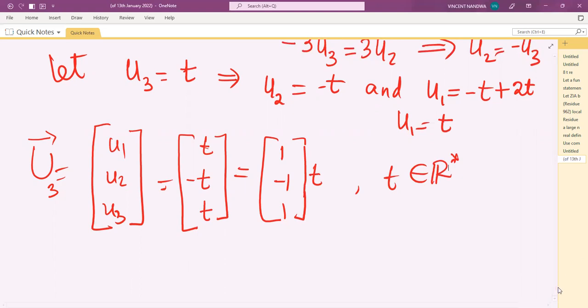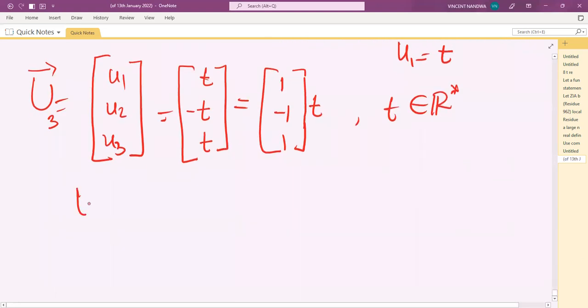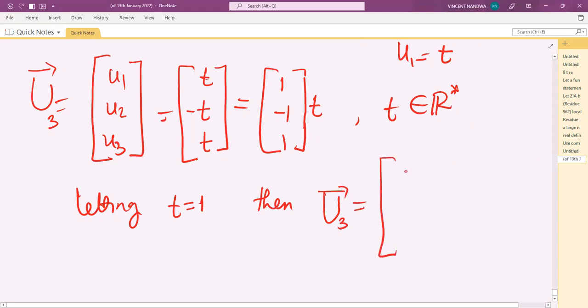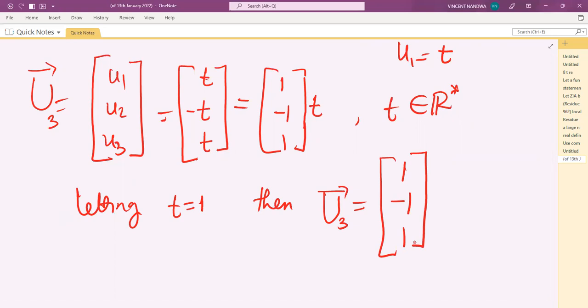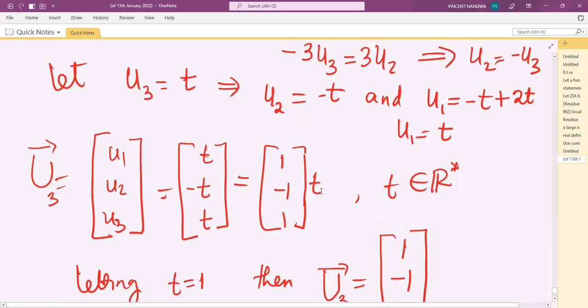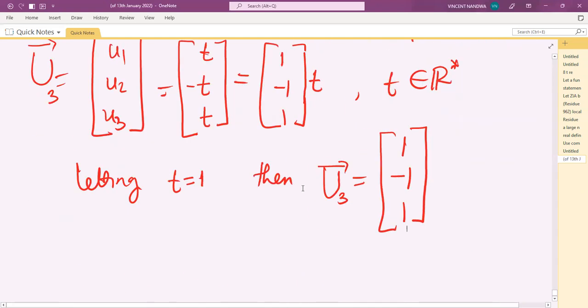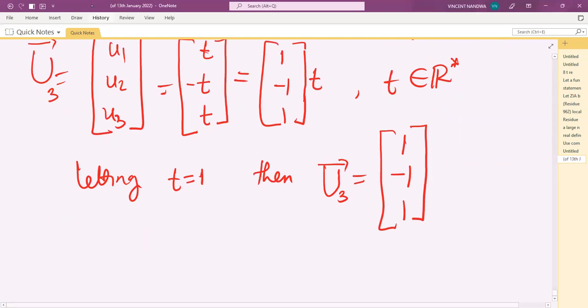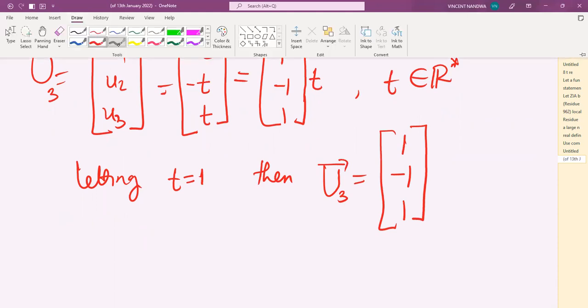So letting T be 1, then U3 can be written as (1, minus 1, 1). So this is the eigenvector for that given eigenvalue. So that's what you are supposed to do on that particular problem.